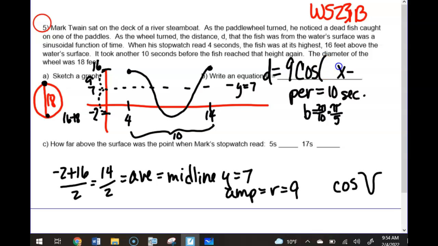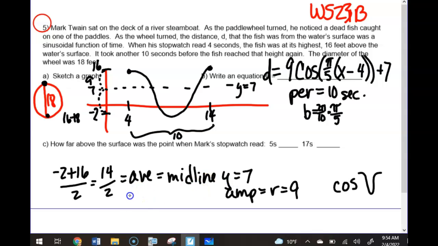We're going to need an x minus something, but first we got to put in the b value, which we decided was pi over 5. Okay, we started where? 4 to the right. And on the back is what? The midline of plus 7. Whew, you guys are getting this.